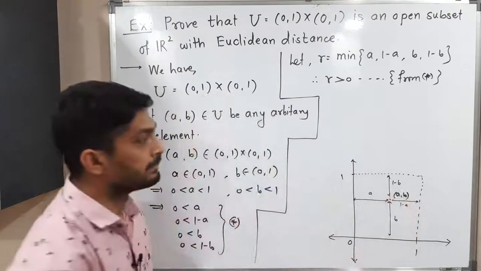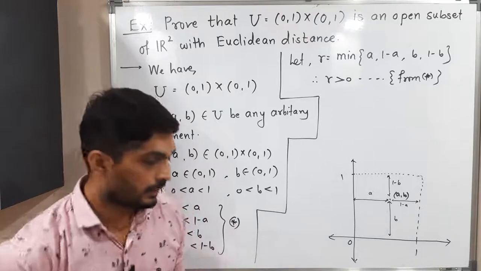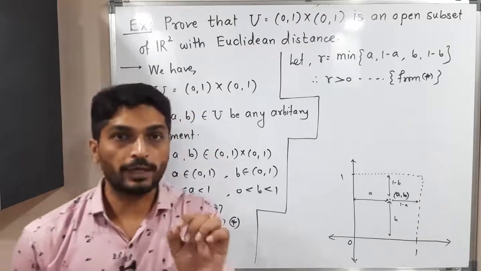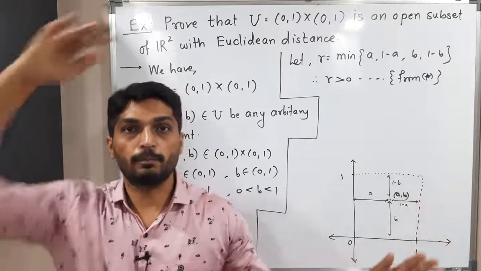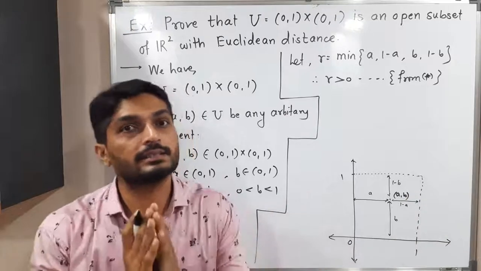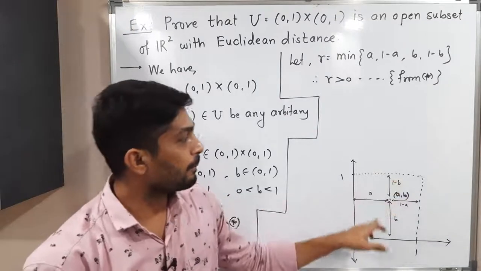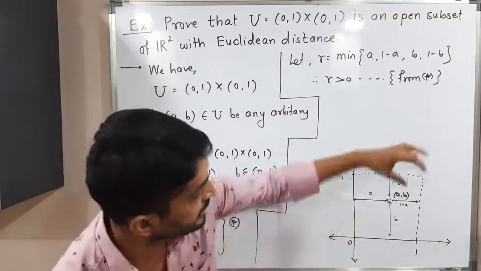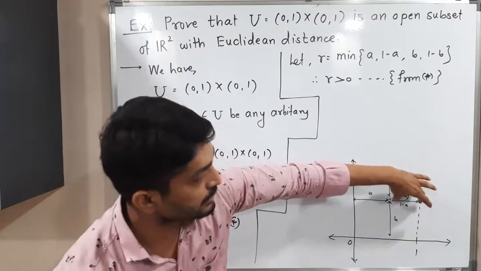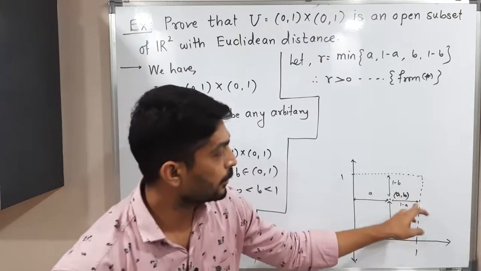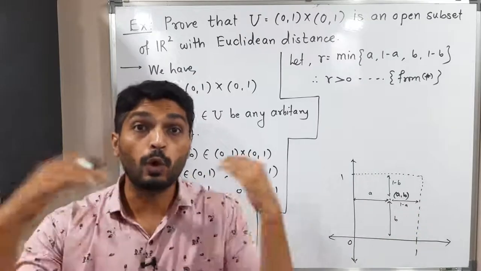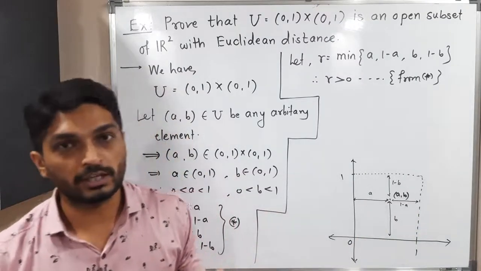So what will be the minimum distance? That means we have counted the distance of that point from the boundaries. The minimum distance is nothing but r. So if you draw an open ball with this radius around it, definitely it will not go outside the set U. That logic I use here.